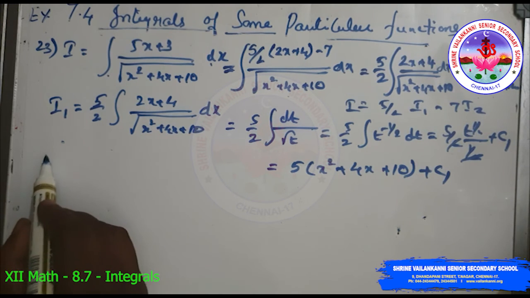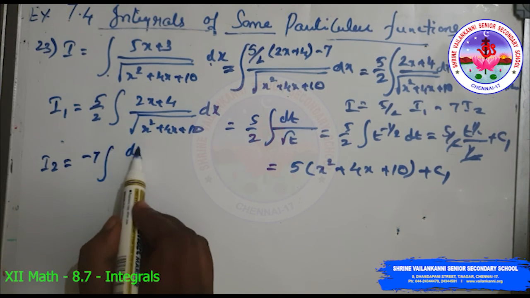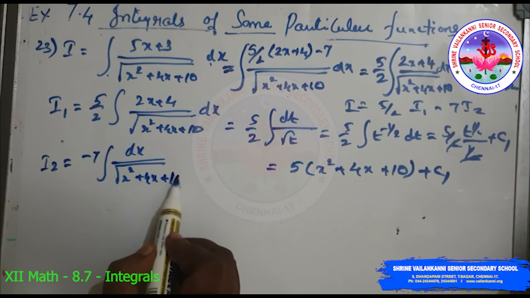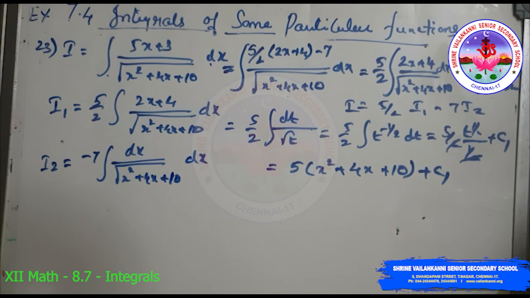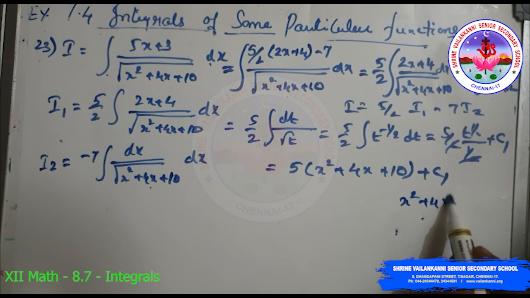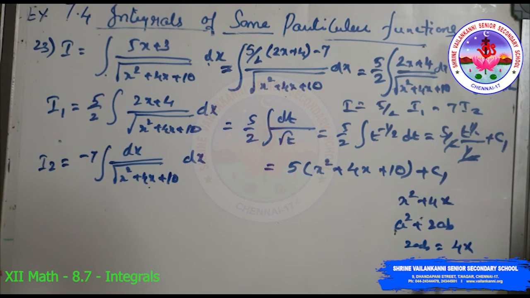Now we have to find the integral of I2. I2 is minus 7 integral of dx by root of x square plus 4x plus 10. So using the completing the square method. So x square plus 4x, a square plus 2ab. Here 2ab is 4x, which is equal to 2 into 2 into x. A is x and b is 2.